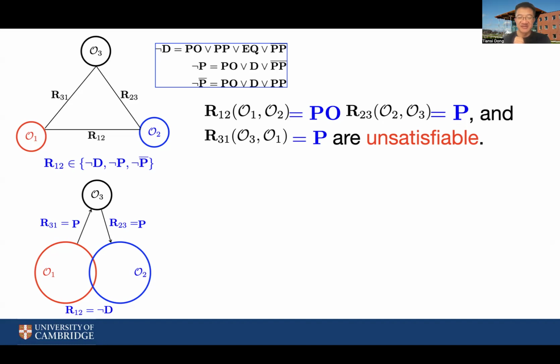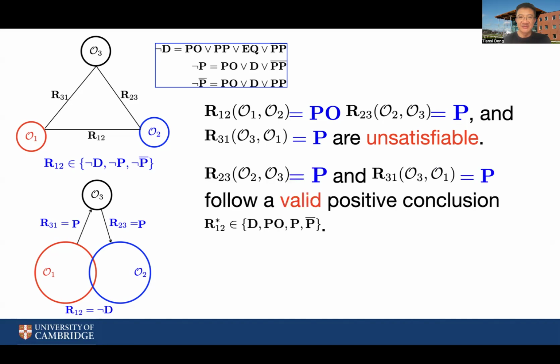So if we fix O3 first to create sphere 1 and sphere 2, the relation between sphere 1 and sphere 2 will not be partial overlap. They will deduce a valid relation, and we call this valid relation R star 1 and 2.